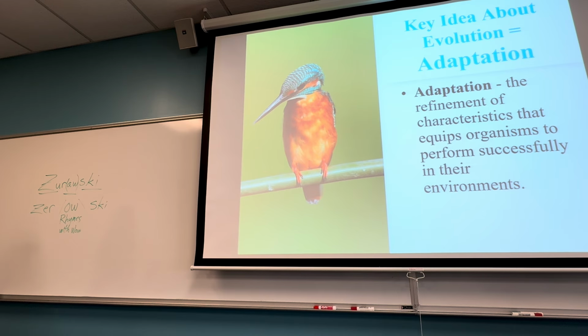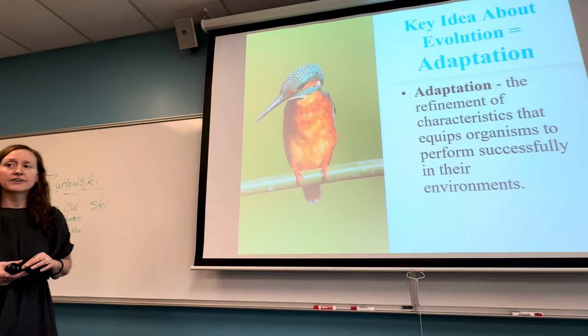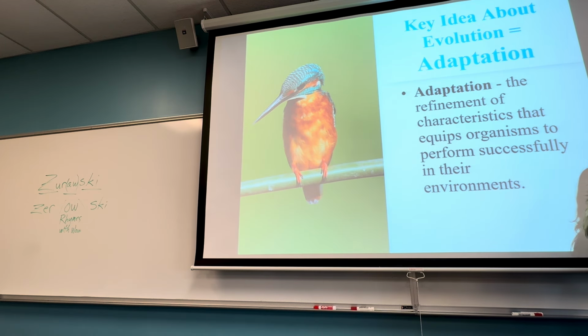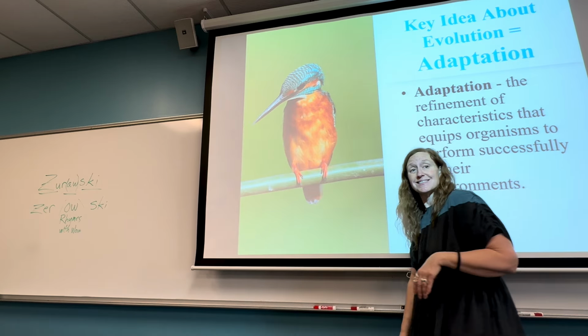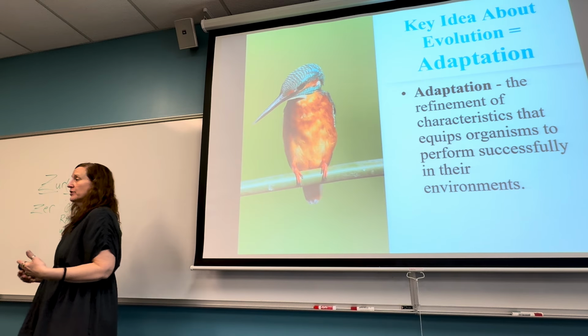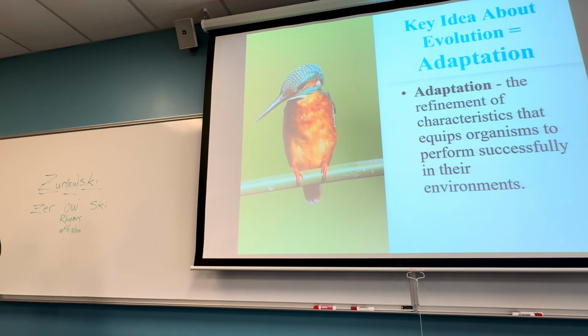All right, but then we get to these big ideas circulating the globe called adaptation. And adaptation means that organisms have traits that allow them to survive easily in their environment, and they thrive, and they have offspring who also have those beneficial traits. If you are an organism whose traits are not well adapted, they don't match up with the environment very well, you are going to have a difficult time surviving.